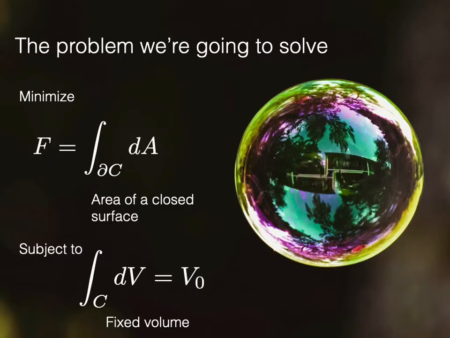In order to show this sequence, we're going to look at what's probably the simplest optimization problem we can produce for shapes, and that is looking at the shape of a soap bubble. In mathematical terms, the problem is to minimize the area of a closed surface subject to a fixed volume inside. And the solution, of course, in 3 dimensions is going to be a sphere.